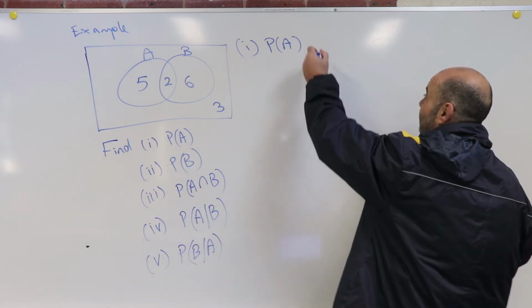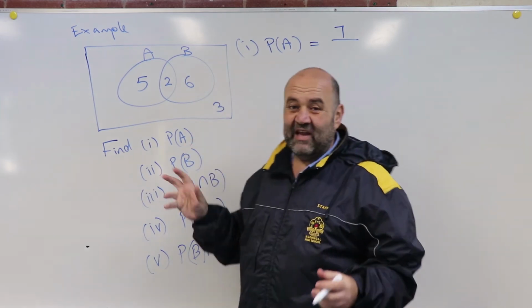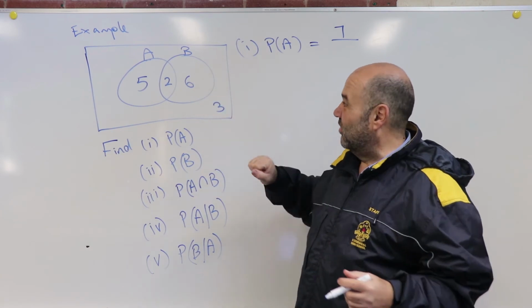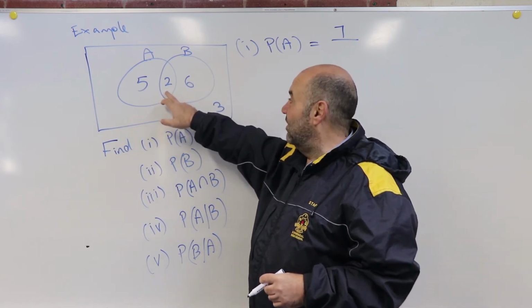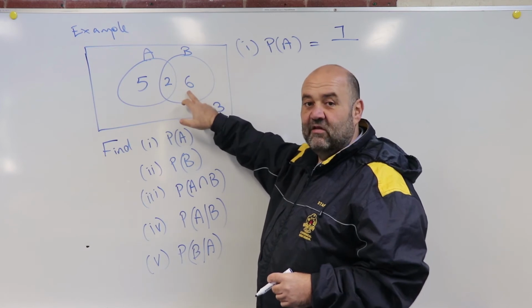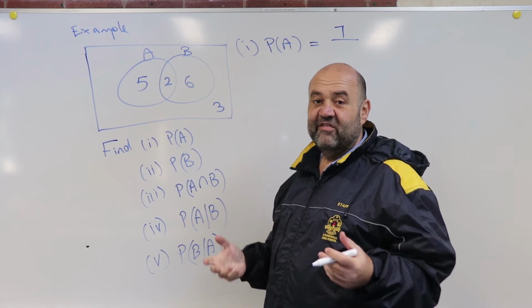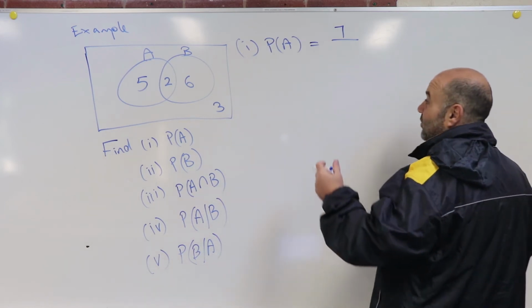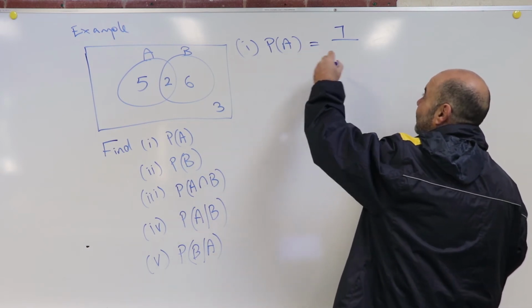So the probability of an A is 7 divided by the number of total things that can happen. Well, how many total things can happen in my Venn diagram here? Well, 5 and 2 is 7, and 6 is 13, and 3 is 16. So there's 16 total things that can happen. Right? So the probability of A is 7 out of 16.